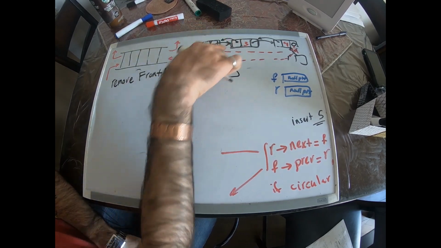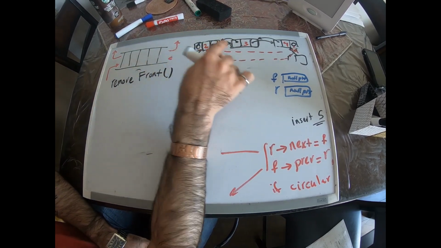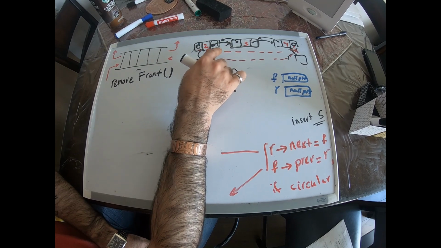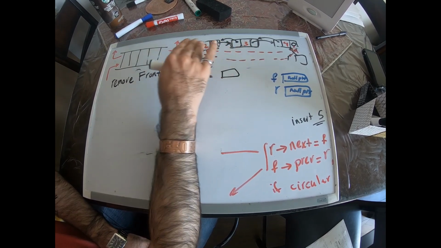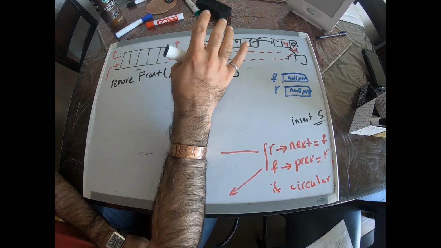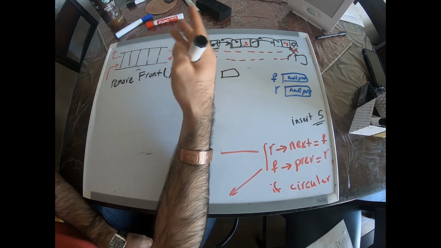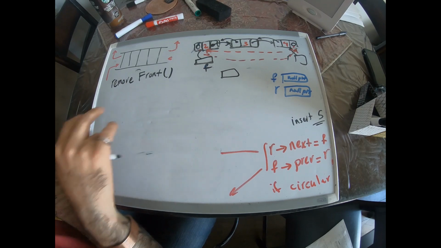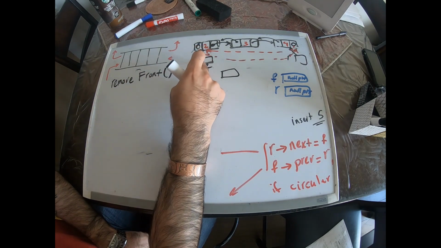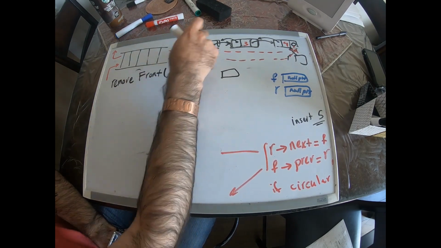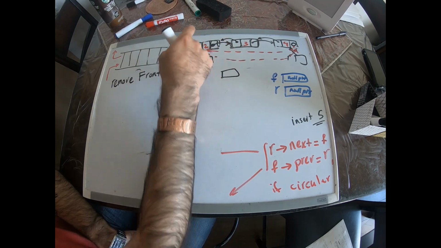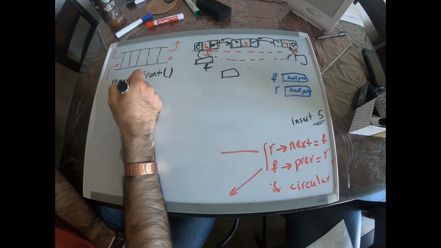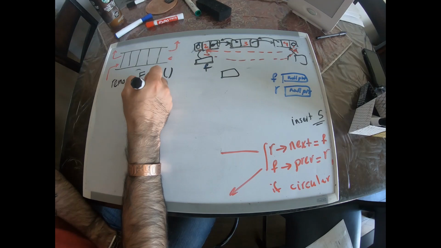When we're removing a node, we need to deallocate, right? Because these are in the dynamic heap memory, right? So the deallocation is on us. We have to deallocate. So if we lose this pointer that points to this node, then there is no way to deallocate it anymore. So we usually have a temporary pointer.